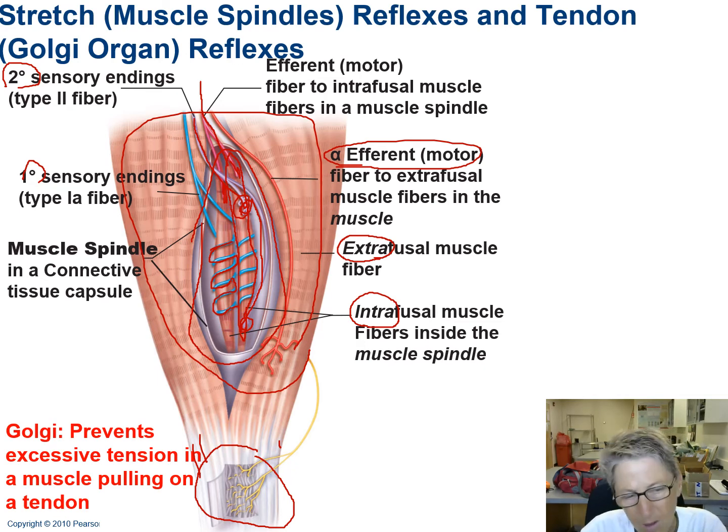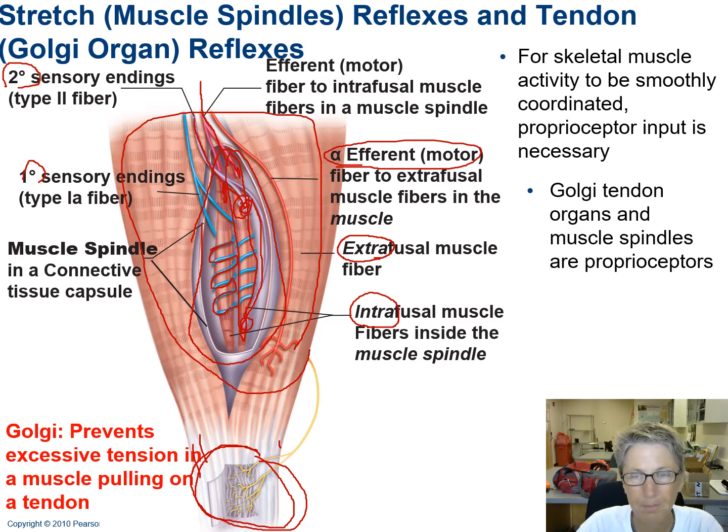We won't go into the details of the Golgi tendon organ down here, but suffice it to say that the Golgi tendon organ prevents excessive tension in the muscle that's pulling on the tendon. So if you contract this muscle, it's going to pull on the tendon, and through the Golgi tendon apparatus, that's going to alert you that you're putting a lot of tension on your muscle.